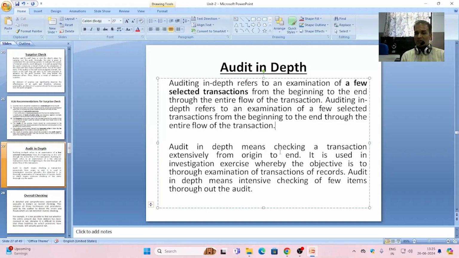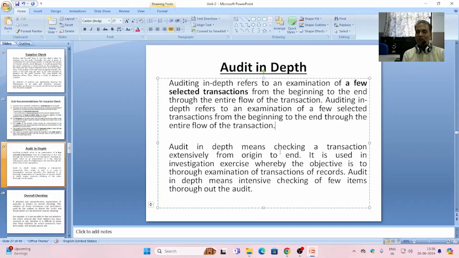Audit in depth means intensive checking of few items from origin to end. It means the auditor can choose a few selected transactions from the books of accounts of the client business and examine them from their origin.